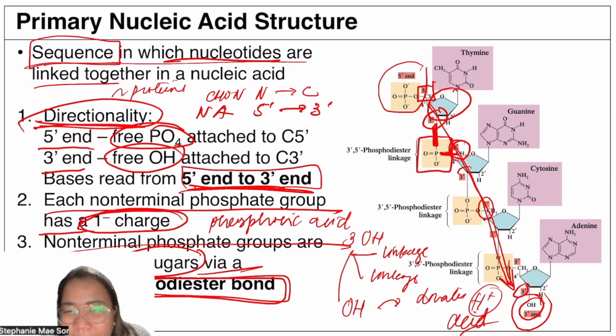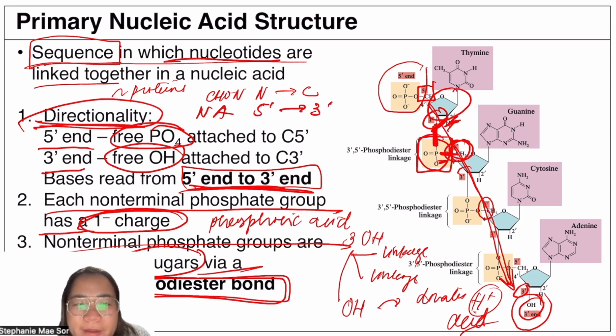Doon sa carbon, doon sa ribose niya, siyempre 3' doon sa ribose na yun, dito sa sugar na to rather. So 3' na sugar na yun is bonded to a phosphate. And then this phosphate is bonded to the 5' group on the next sugar. Ulitin natin para mas madaling maintindihan.